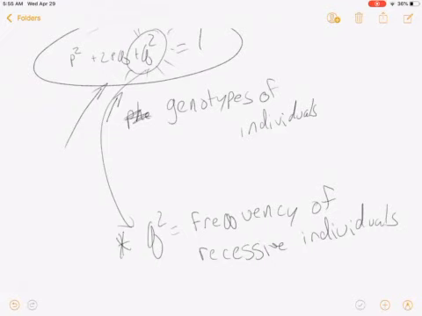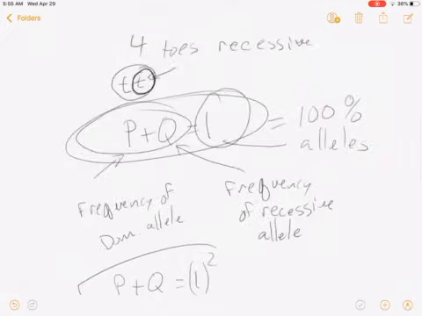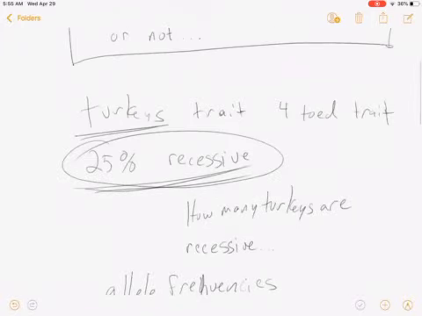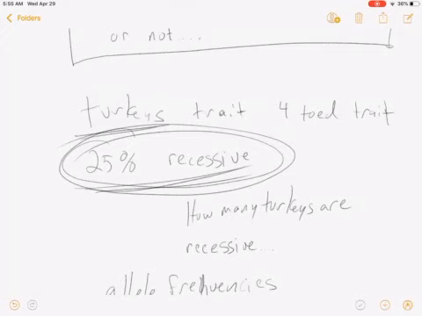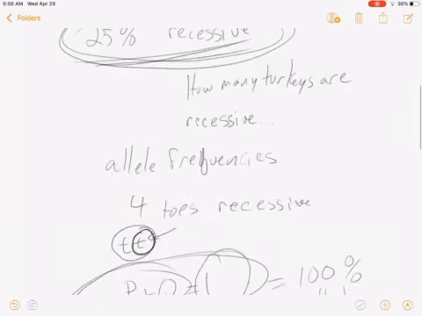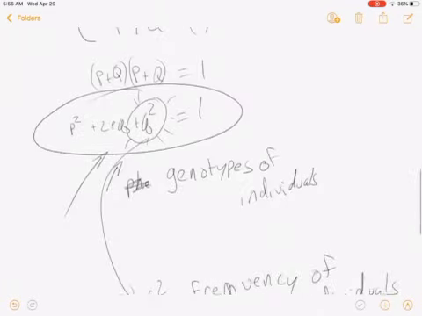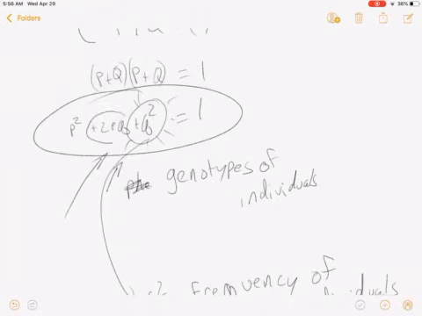Let's go back to our turkeys for a minute. When I look at my turkeys and I see 25% of them that are recessive, let's say I have 200 turkeys and 50 of them are recessive for this four-toed thing. That's how I can count what's going on with the alleles in the population, because there are two other ways to be a turkey with this trait.